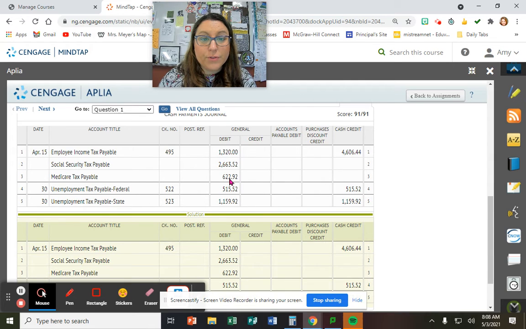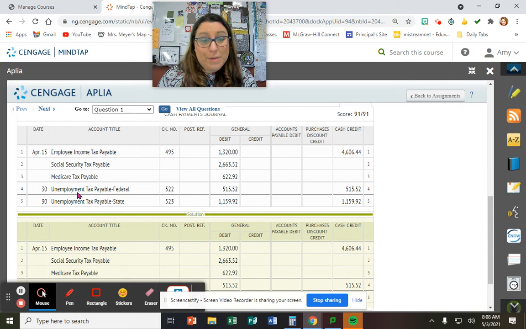Now that you have your 3 debits, you are going to add all those together for one cash credit. You're losing the cash. This is going to the government. You are now no longer liable because you're paying the taxes. That's why we debited the liabilities.